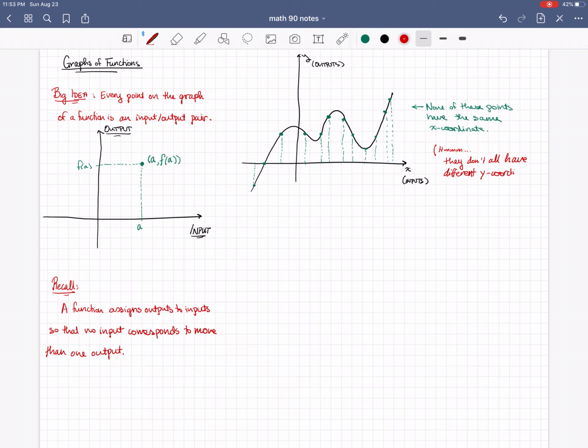And this is interesting, but not terribly significant, because nothing in our definition of a function says that you can't have two different inputs that correspond to the same output.